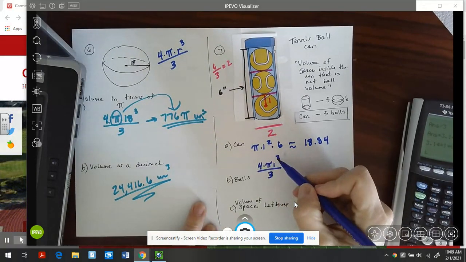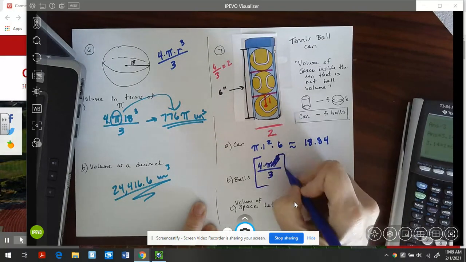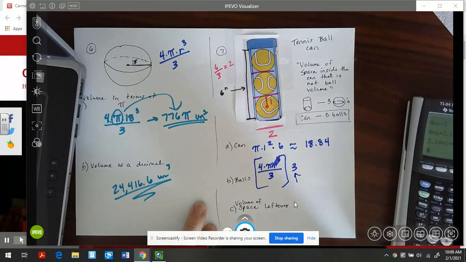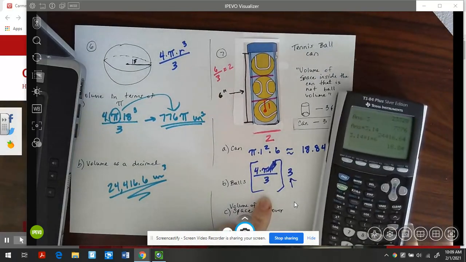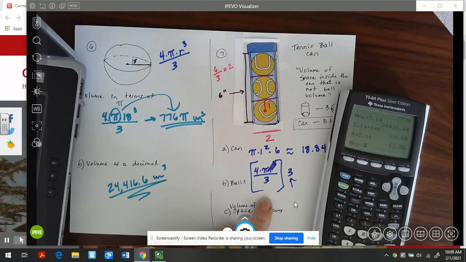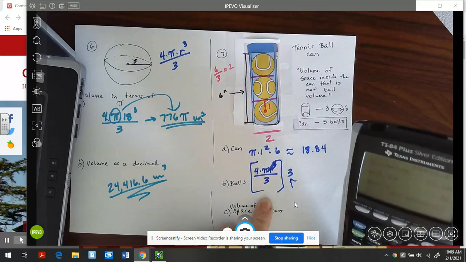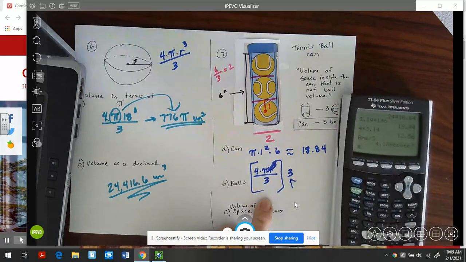But we're going to then multiply all this by 3 for all 3 balls. Magic, this is going to cancel right here. But I'm going to go ahead and use my calculator so that you don't think you had to have seen that. So we're just going to go 4 times 3.14 divided by 3. And that for 1 ball would be 4.18. I'm going to round to 4.2, but there are 3 of them. So that would be 12.6.